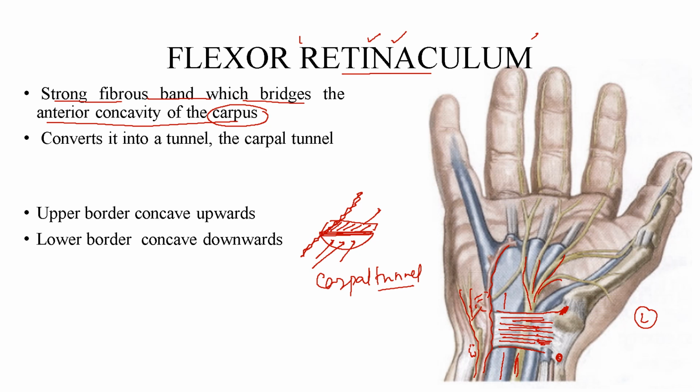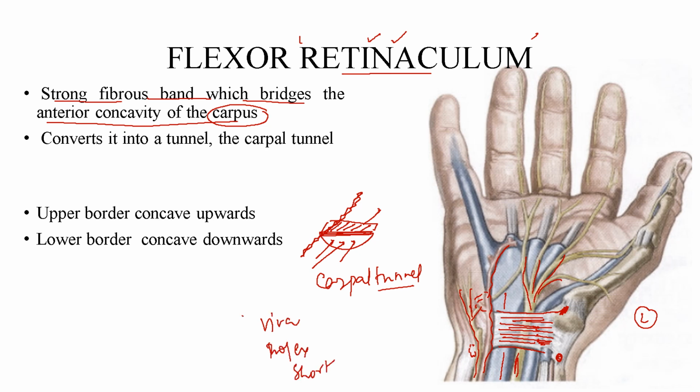In your exam it is often asked which structures pass above the flexor retinaculum, which structures pass through the carpal tunnel or below the flexor retinaculum, and what is carpal tunnel syndrome. All these questions are asked in your viva exam and professional exam, in the form of a short note.